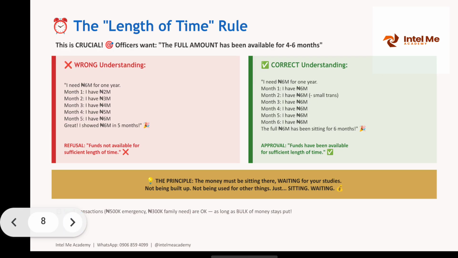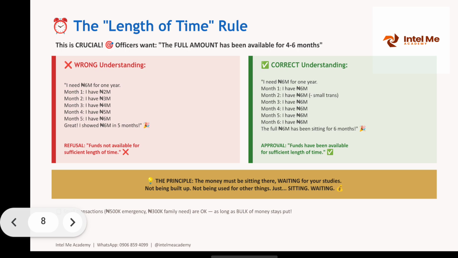Now, there's also a length of time rule that you need to have in mind. Do you get it? Now, let's look at it like this. It's always best to have had the funds in your account for long to show that the funds are truly available. And when we say for long, maybe 4 to 6 months is preferable. If you are going to build it up within that period, that works too.